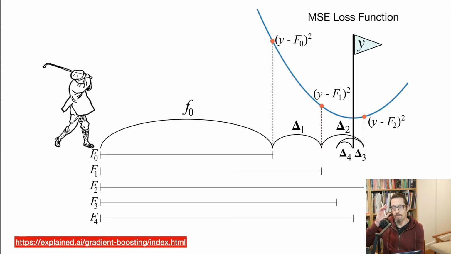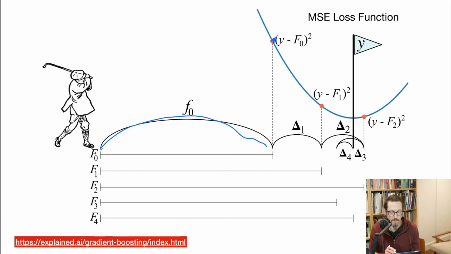So this is a summary idea of how it works, right? The first classifier, it's like golf when you're bad. And I say this as somebody who would never play golf ever. And where I grew up, we called it pasture pool. So you're going to take your swing, you're going to get as close as you can to the target. And that's going to put you somewhere on the loss function.